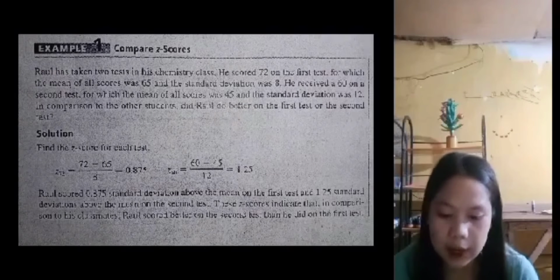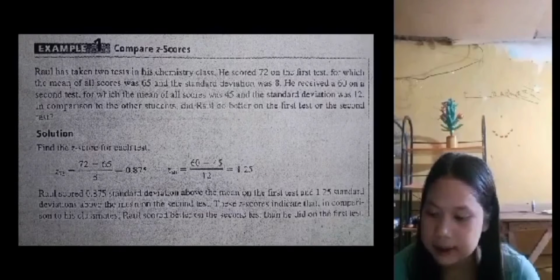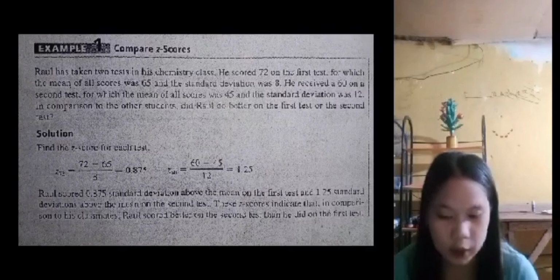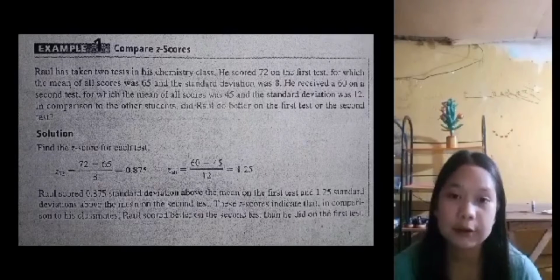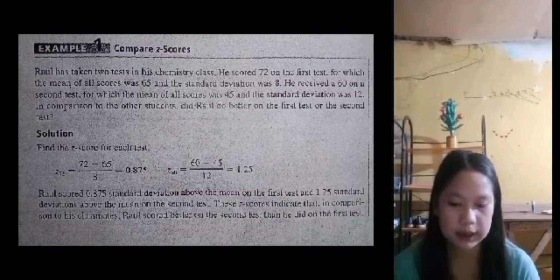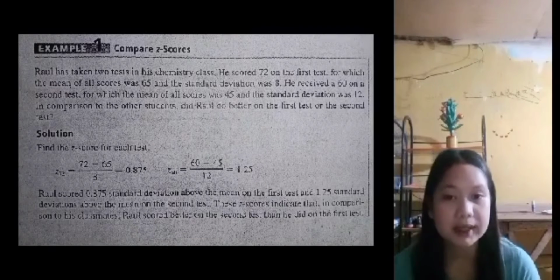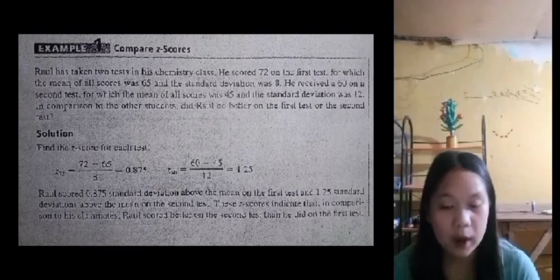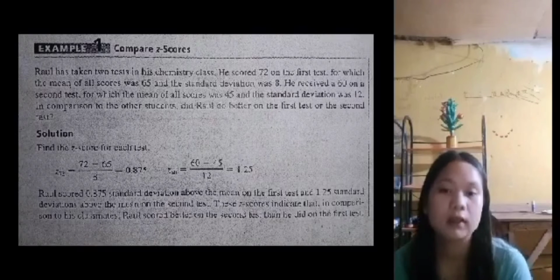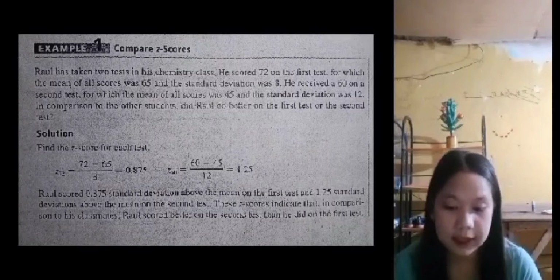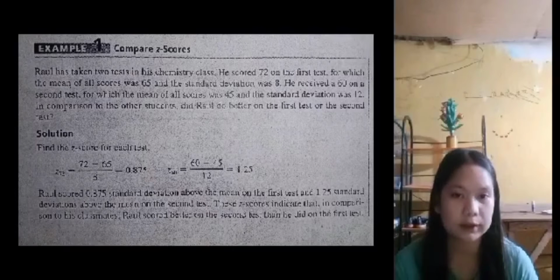So, ang mean po ay 45. Then, standard deviation is 12. So, ganun din po, i-substitute lang po sila. So, 60 minus 45 divided by 12 equals 1.25. So, ang nakuha niya sa second test ay 1.25.